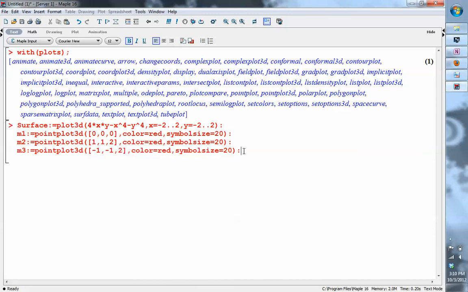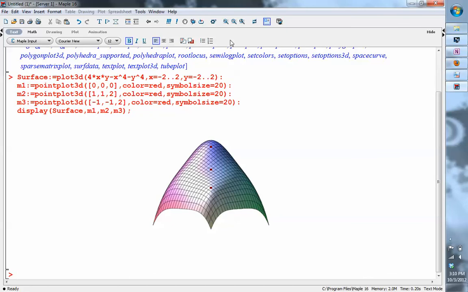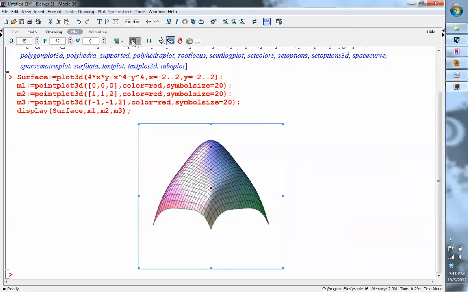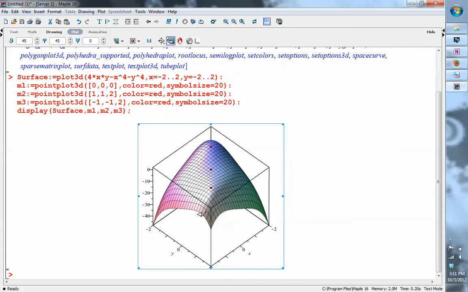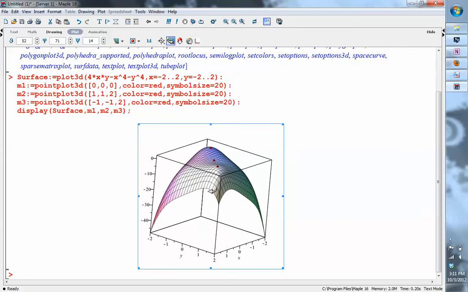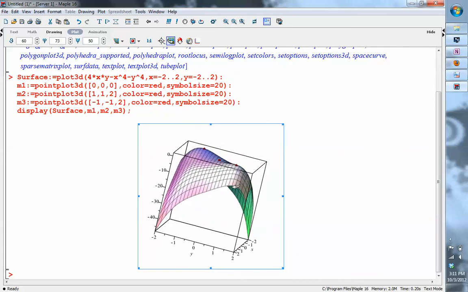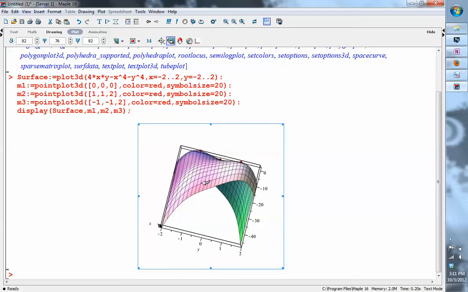Okay, I want to put all of these on the same axis. There we go. Alright, here we go. Those are them.